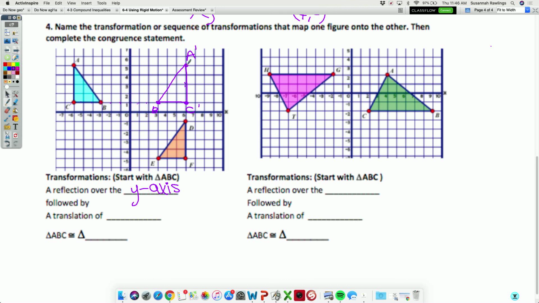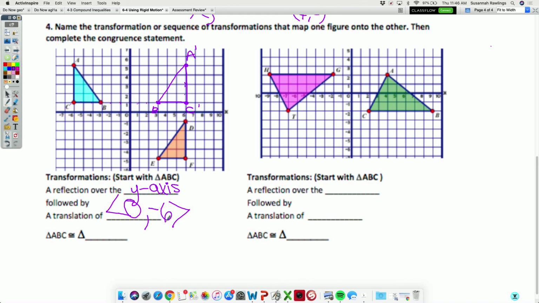D. So let's count from A to D. So we went down 1, 2, 3, 4, 5, 6. So how would we write that in vector rule? Not 6. -6, right? We're going down. And did we move left or right? No. So what number do I need to put first? 0 and then a -6.